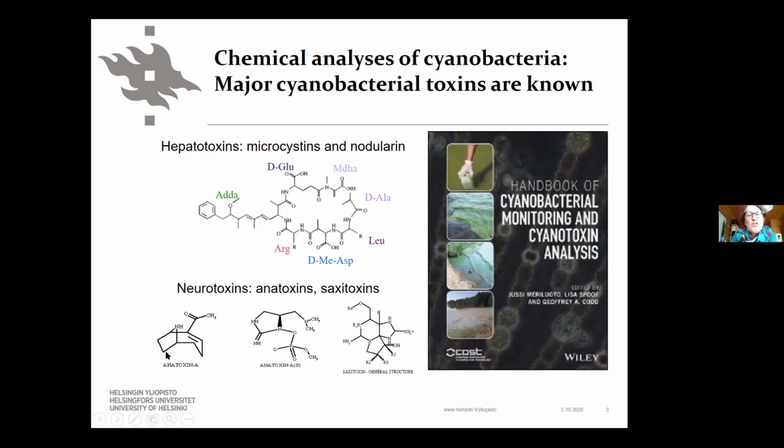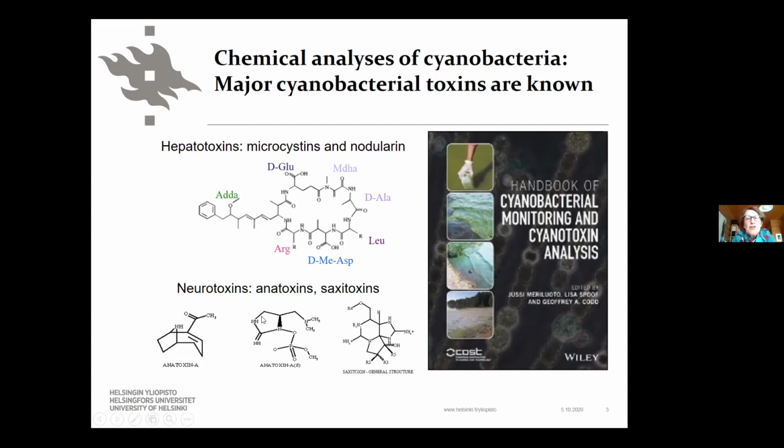In this picture, you can see these neurotoxins. There is anatoxin-a, anatoxin-a(S). You can see that it's an organophosphate type of compound. And then saxitoxins. These saxitoxins are produced not only by cyanobacteria, but also by dinoflagellates in sea waters.